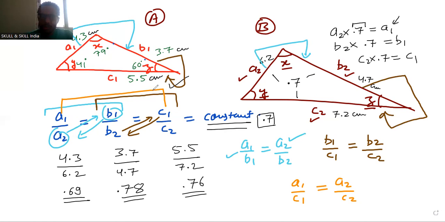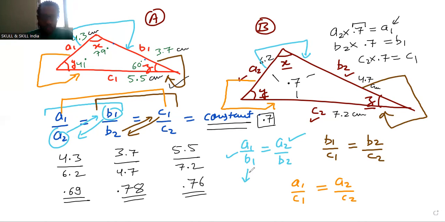The ratio of A1 to C1 is equal to the ratio of A2 to C2. Is that right? Do you think they are? Let's find out.